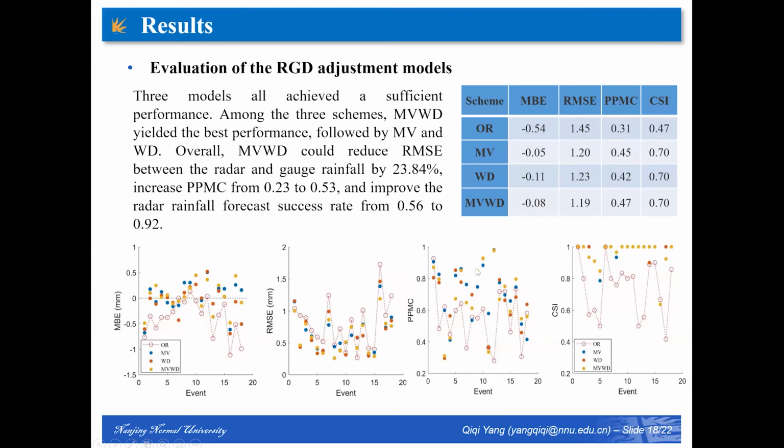Overall, the combined model could reduce the RMSE between the radar and the gauge rainfall by more than 20%, increase PPMC from 0.23 to 0.53, and improve the radar rainfall forecast success rate from 0.56 to 0.92.